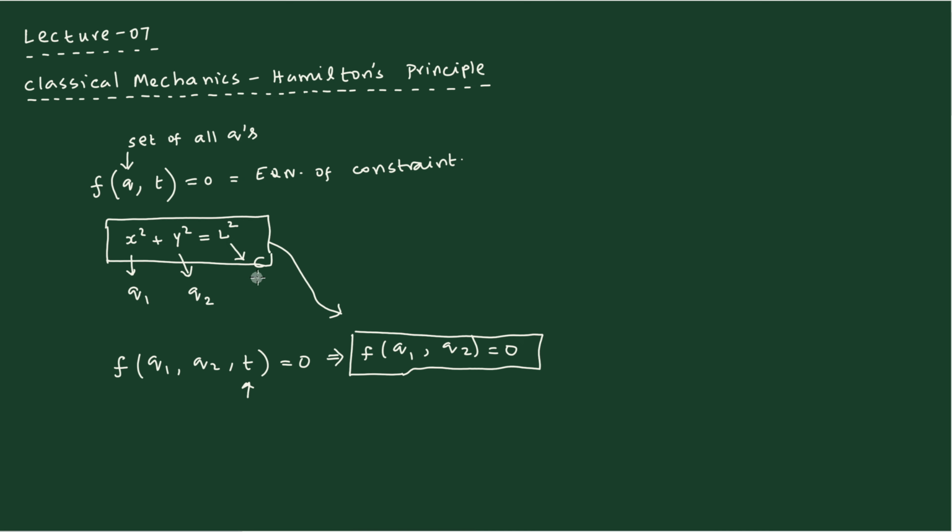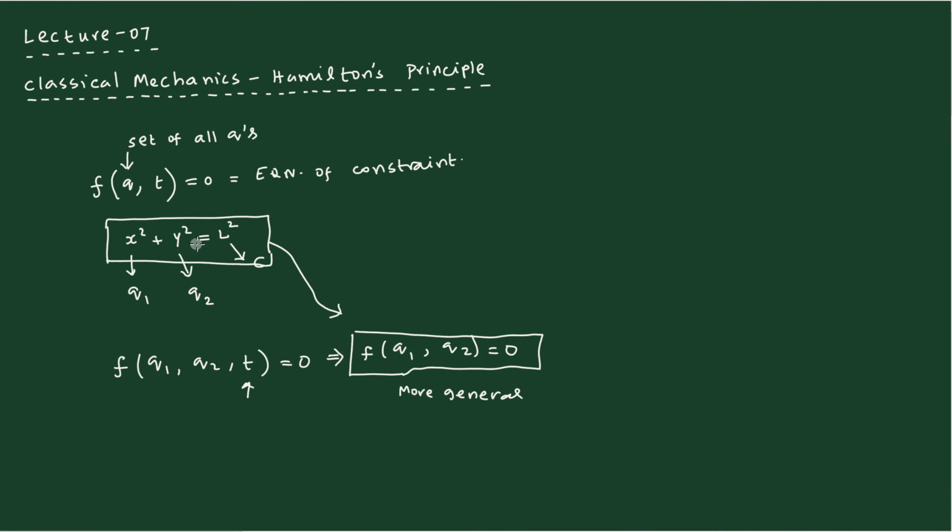And as you see, this particular constant c need not be written down here. F of q1, q2 is equal to 0 means any constant may be there, any constant may not be there. So this is more general. You should remember that f of q1, q2 is more general when compared to x square plus y square equal to L square.